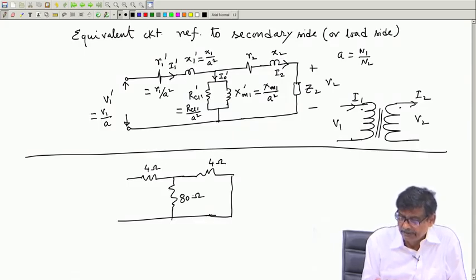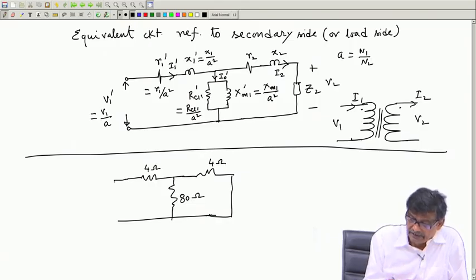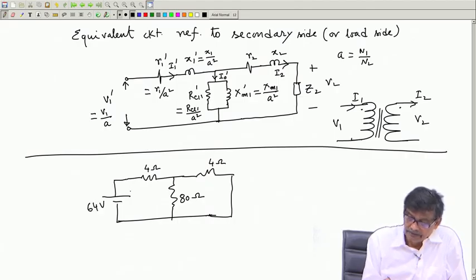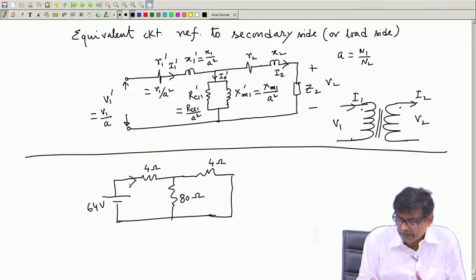So, this impedance is 20 times higher than this. Suppose I connect some 64 volt to this circuit. I am interested to know this current. Okay, this is a very simple circuit, 80 into 4 by 84 plus 4, 64 you divide with that resistance, get this current.